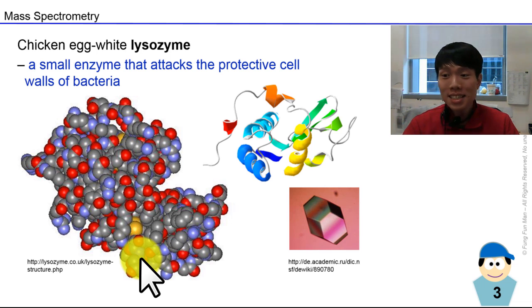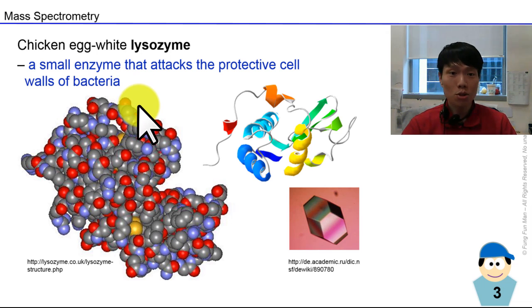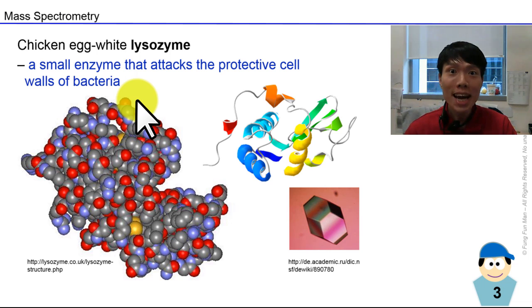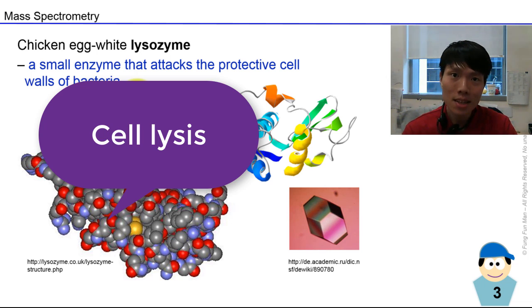Now this lysozyme breaks down the cell wall, which is a good thing, right? Cell wall of bacteria, never good. And bacteria dies. Yay, hooray, happy. Aren't you happy? Bacteria dies. No! Remember, when bacteria die, the cell wall breaks and undergoes lysis.